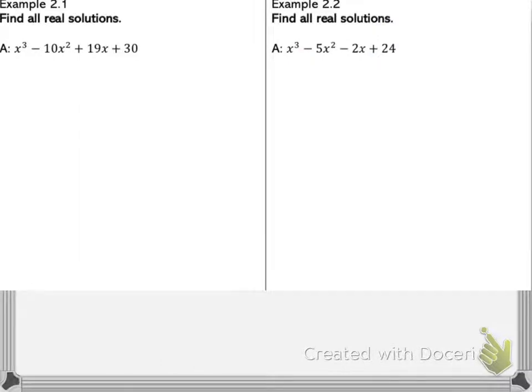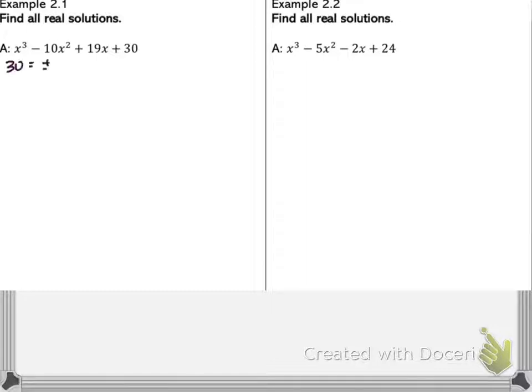So for most of you guys, I told you the general idea, the general steps of what you need to take to get the right answer for this. The first thing that you have to do if you are in honors is I need you guys to put all the possibilities here. So if we are doing example 2.1a, which is on the left-hand side over here, then we are going to focus on our constant 30 and just put our factors of 30.